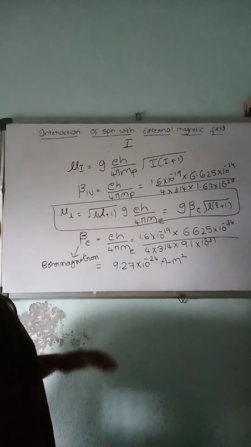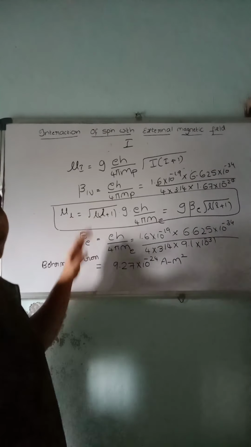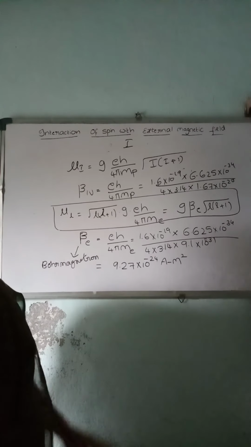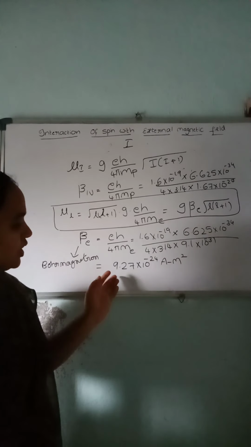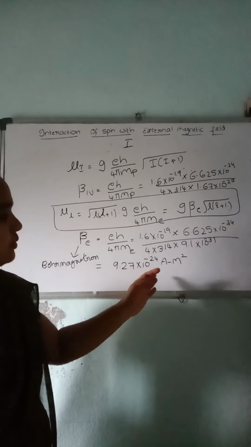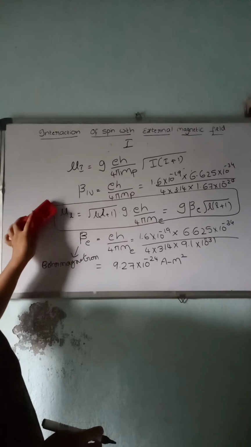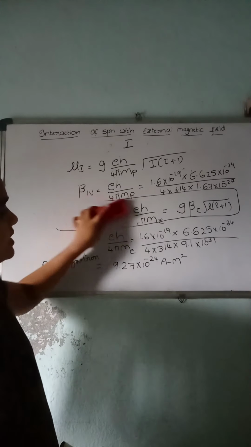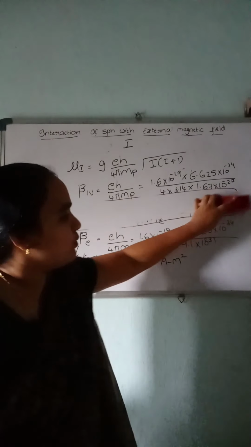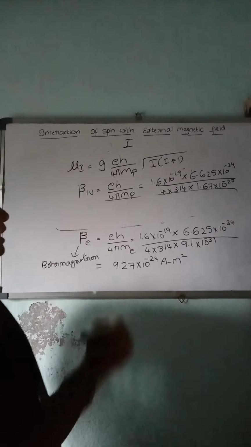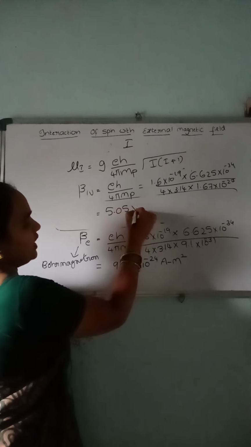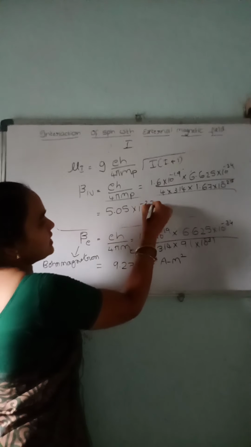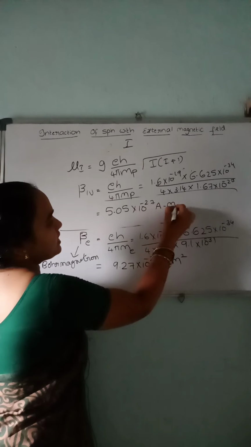So the Bohr magneton for the electron and the Bohr magneton for the nucleon are different. The Bohr magneton for the electron is 9.27 into 10 power minus 24 ampere meter square, whereas for the nucleus this Bohr magneton can be written as 5.05 into 10 power minus 27 ampere meter square.